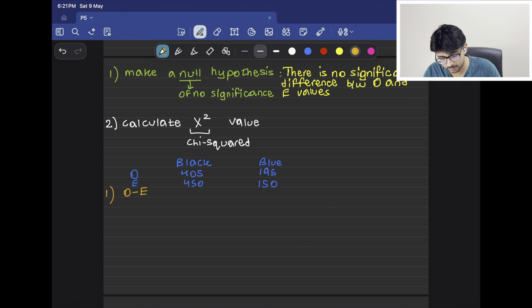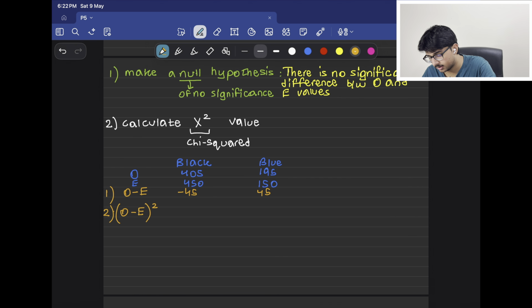So 405 minus 450, let's double check. This comes out to be minus 45. Don't worry if it's a negative sign. 195 minus 150 is going to be 45. There's no use of writing plus 45, so it's just 45. Step number two, square the values which you just got. So observed minus expected, just square it.